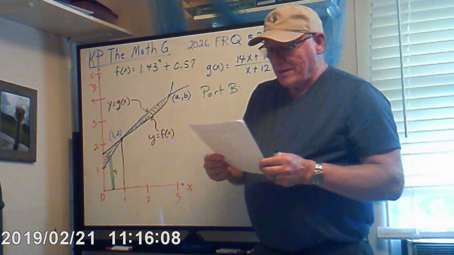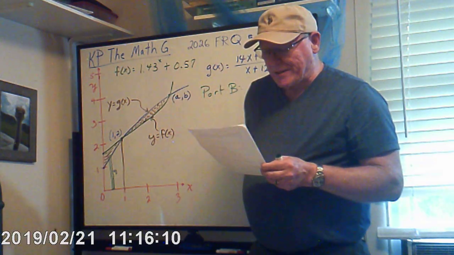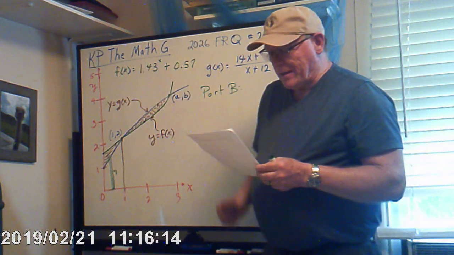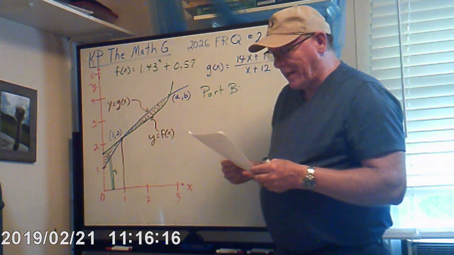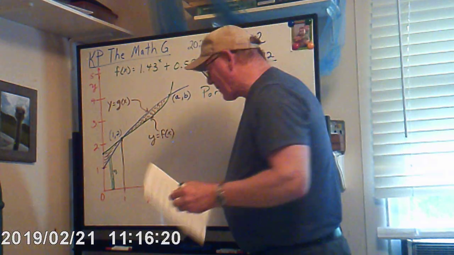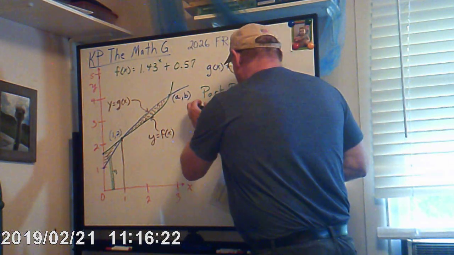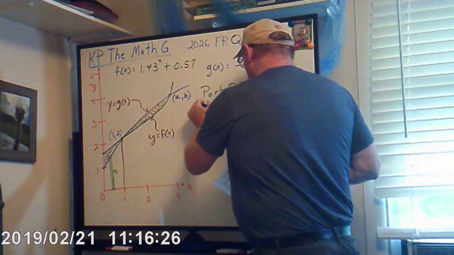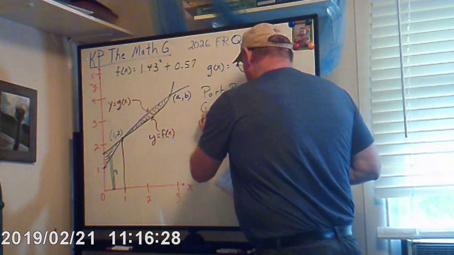Okay. For this solid, each cross section perpendicular to the x-axis is a rectangle whose height is one-third times the length. So the height, this is a cross section.